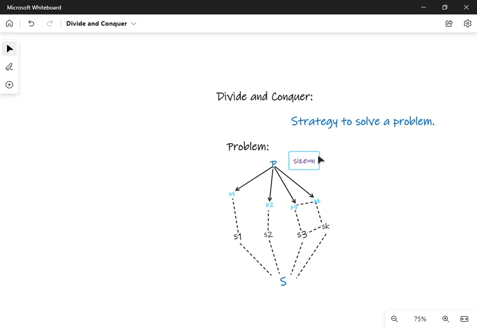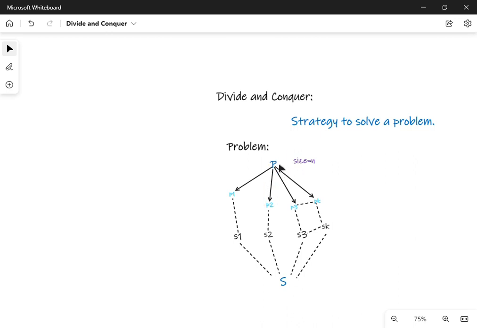So let me start with a problem. Here we have a problem P of size n. Maybe the problem has a large size. We don't know the size, but let's suppose the problem has a large size. What should we do?